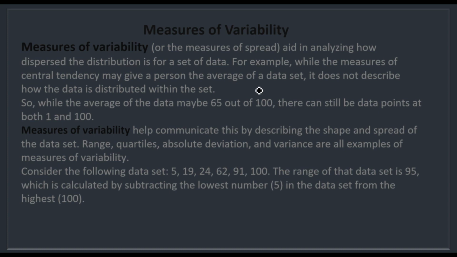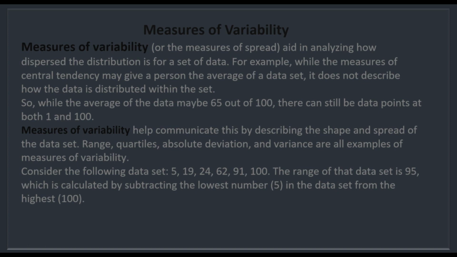Then measures of variability. What are measures of variability? We can also call them measures of spread. They aid in analyzing how dispersed the distribution is for a set of data. For example, while the measures of central tendency may give a person the average of a data set, they do not describe how the data is distributed within the set, how all values are distributed within a data set.